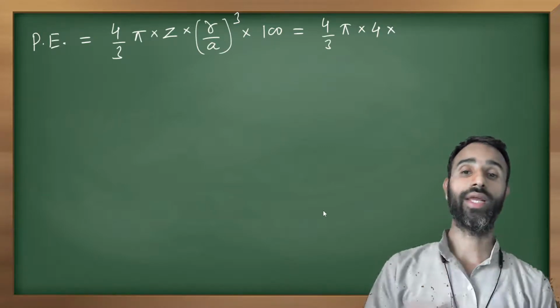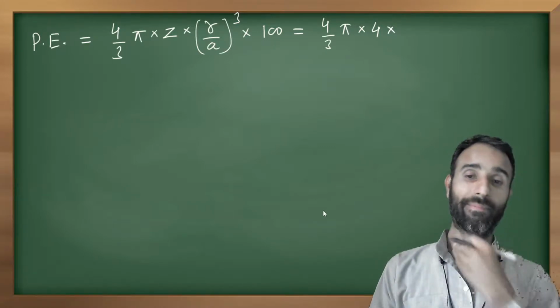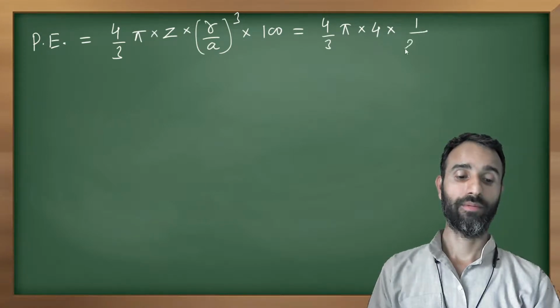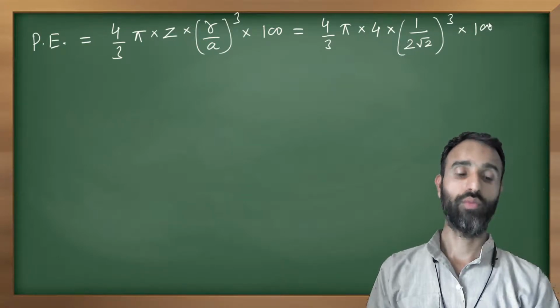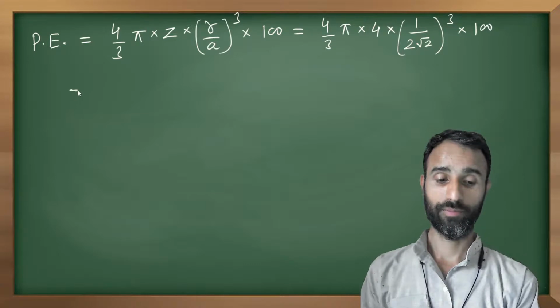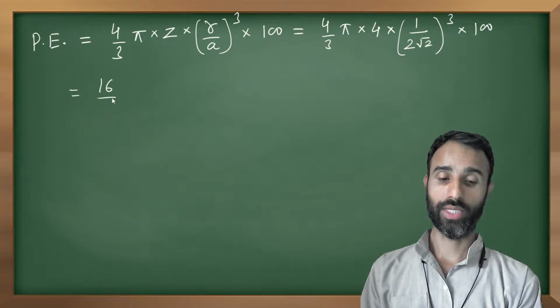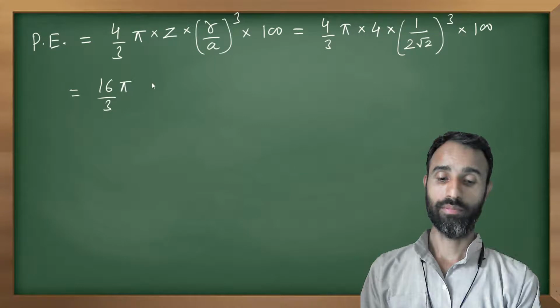And what is the relation between R and A? (1 by 2 root 2) cube into 100. So 16 pi by 3 into 1 by 16 root 2 into 100. 16 cancel. So it is pi by 3 root 2 into 100.